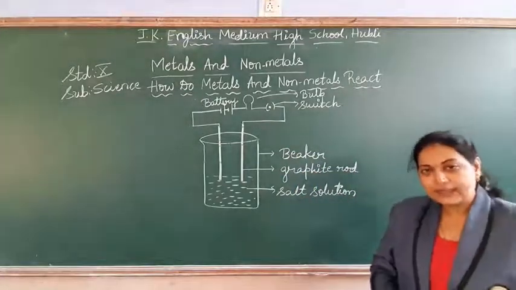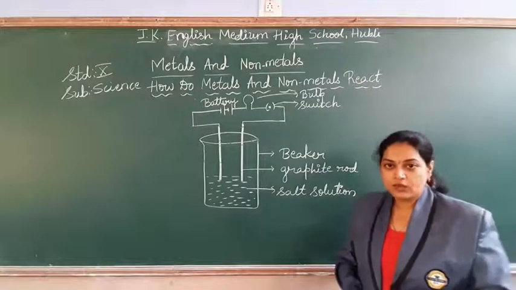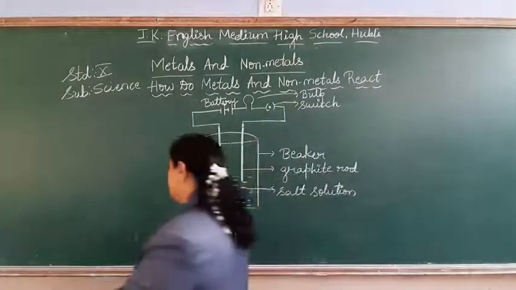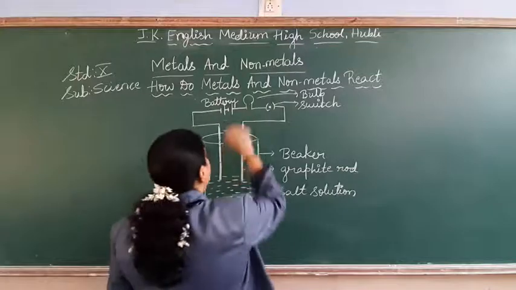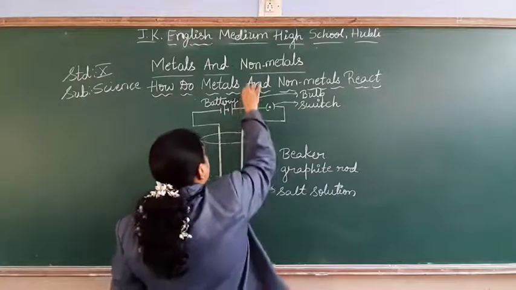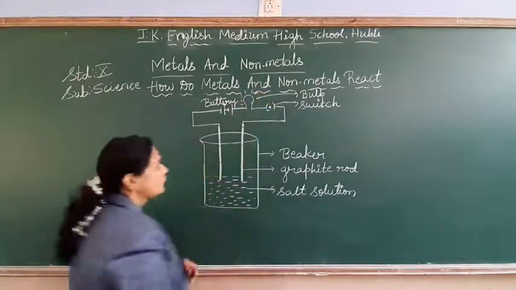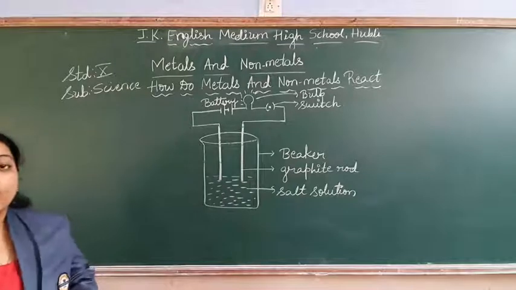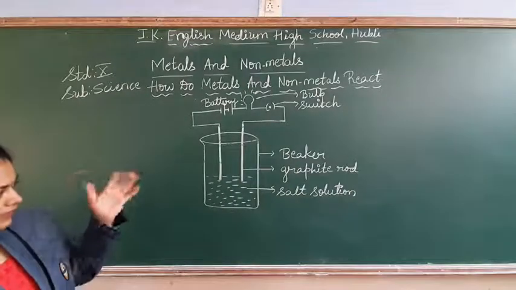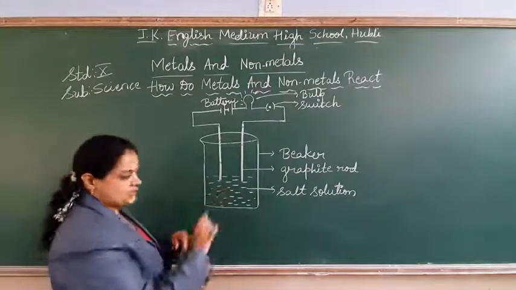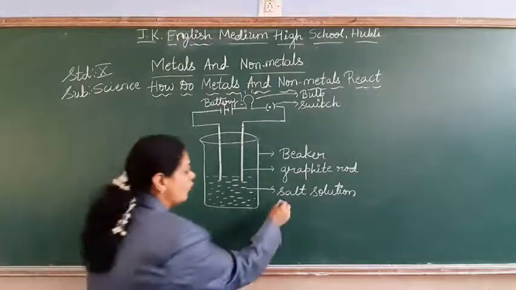When you pass the electricity, what do you find? You find there is a glowing of the bulb. With that, you will come to know that there is a passing of the electricity. So what happened here?